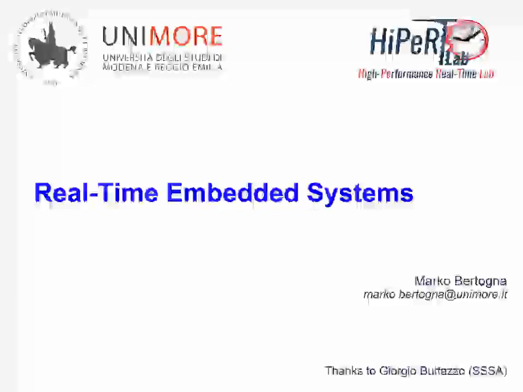So the bottom line of this introduction is that the tests, while necessary, do not allow you a full verification of your system. So we must achieve predictability throughout the whole computing stack, throughout all the levels, starting from architecture to middleware, operating system, application.